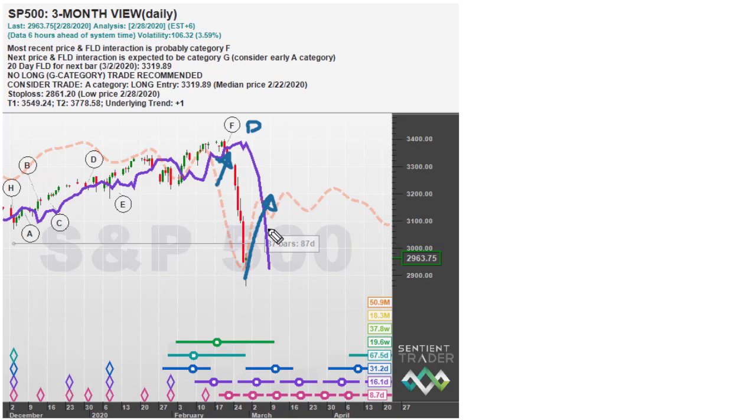However, there's a really big caution here, because if this is the situation, then that's an extraordinarily bearish D category interaction. It achieved its target and it far exceeded it, indicating that bearishness has come into this market, and it's bearishness that is expected to carry the market all the way down into the trough in the middle of the year.